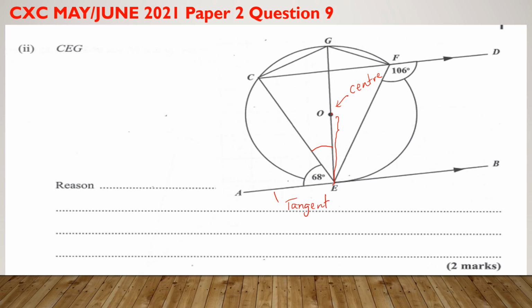And the rule is the angle between a radius and the tangent is 90 degrees. So that angle would be equal to 90 subtract 68 degrees, and that is going to give us 22 degrees.